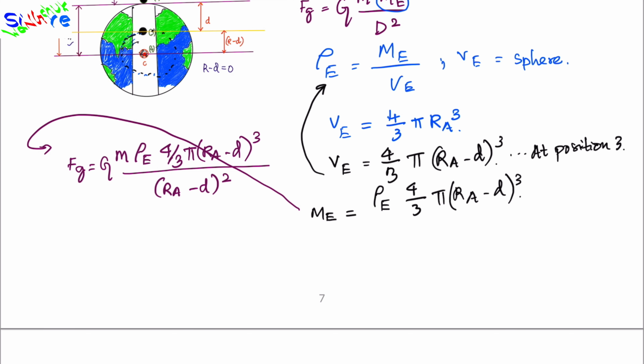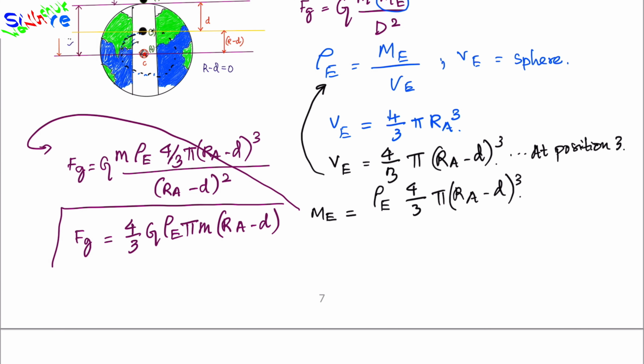Therefore, simplifying the above equation, we get at position 3 Fg is just equal to 4 by 3 G rho e pi m Ra by d. This is the value of the gravity at position 3, assuming that the density of the Earth is distributed evenly.